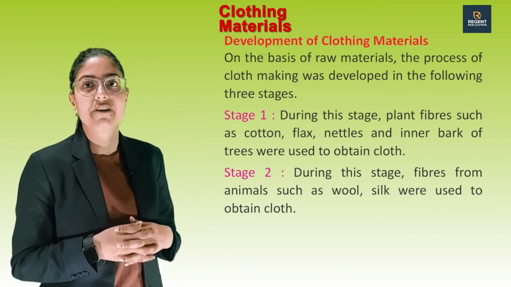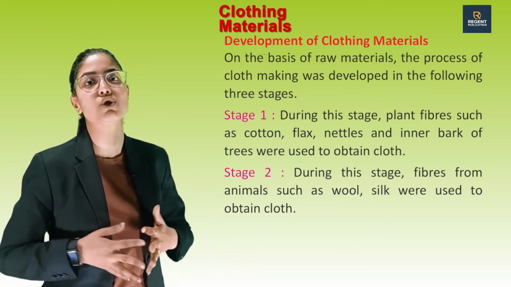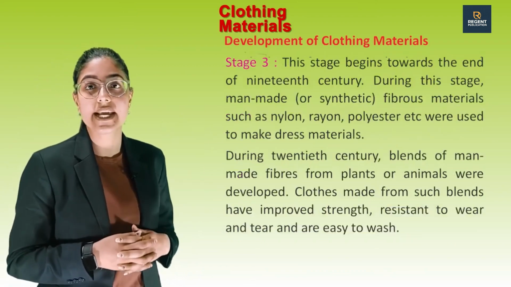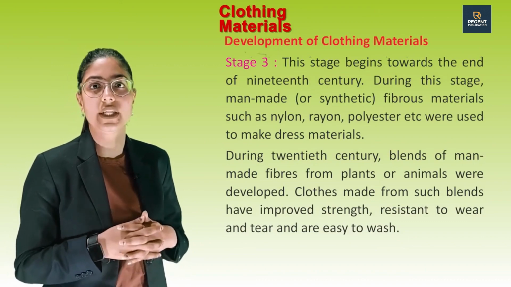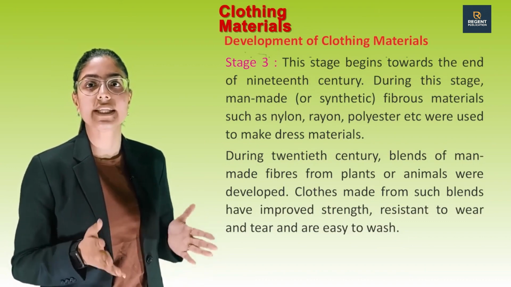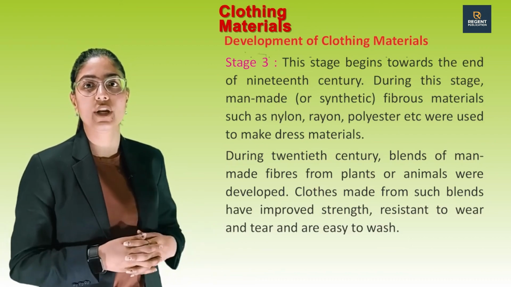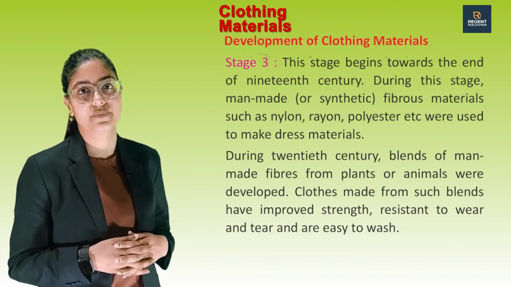During this stage, fibers from animals such as wool and silk were used to obtain cloth. Stage three. This stage begins towards the end of the 19th century. During this stage, man-made or synthetic fibrous materials such as nylon, rayon, polyester, etc. were used to make dress materials.